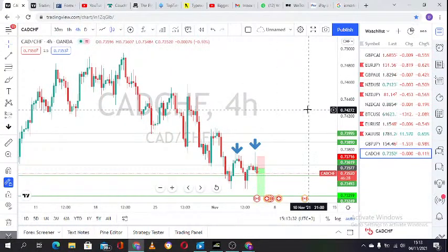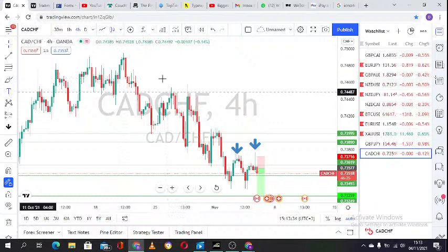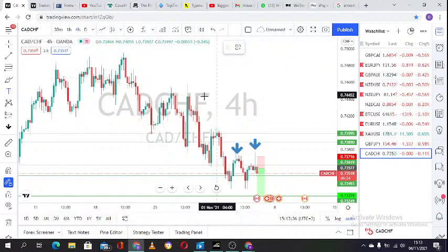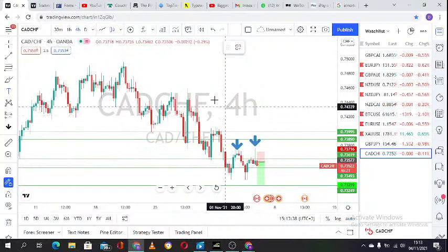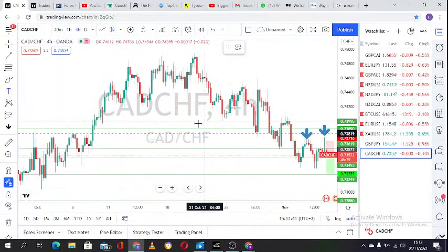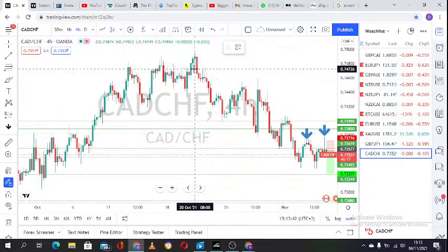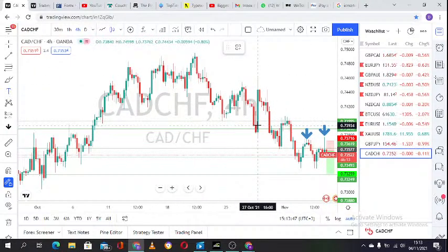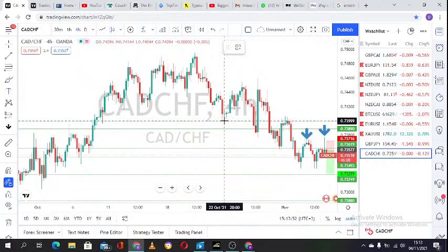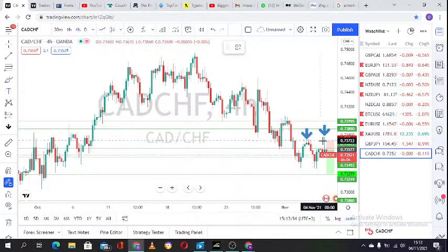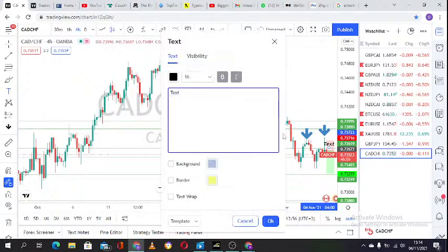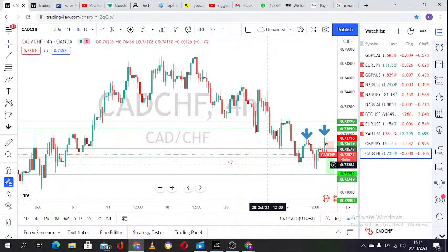If I can just break down real quick what made me enter CAD CHF for the shorts: as we can see from the current daily or H4 trend, we are on a bearish trend. Price is pushing downwards by the day. We are making lower lows and lower highs every single day. Price did not manage to break the previous high, creating at least a new lower high.